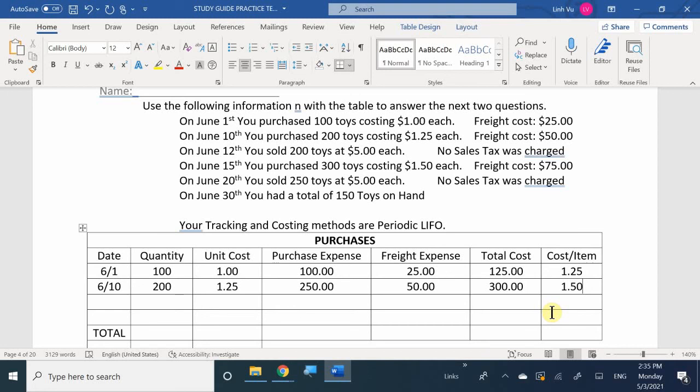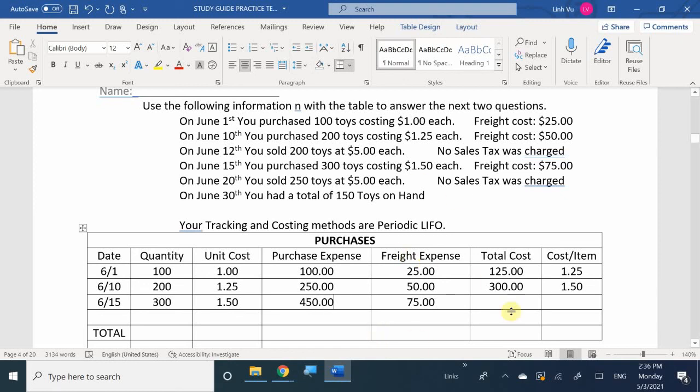So then what happened next? You purchased 300 toys at $1.50 with a freight of 75. So what is my purchase price here? 450.